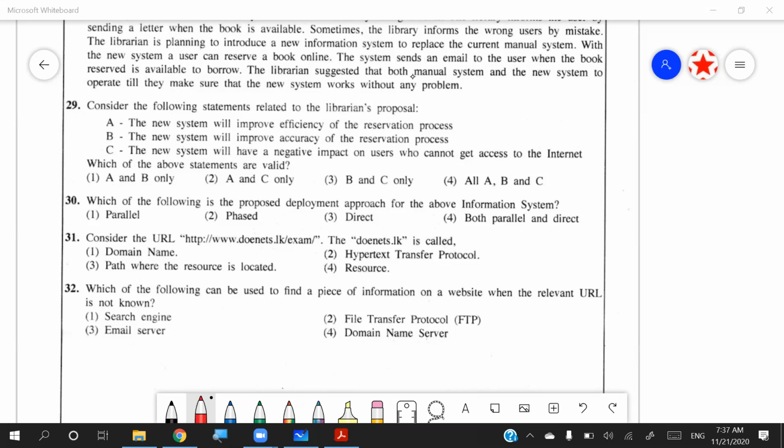So it is deployed there, and primary section users are asked to use the new system. They are not using the old system. But the secondary section is still using the old system. Once the primary section is confident with the new system, then all the sections of the organization will be installed with the new system. So that is what we call the pilot deployment. The primary section was the pilot project in my example.